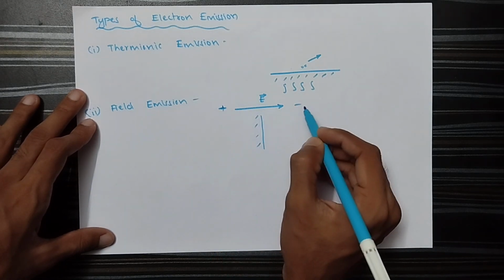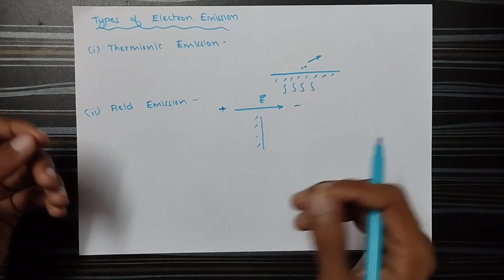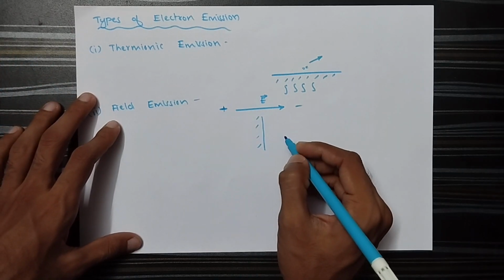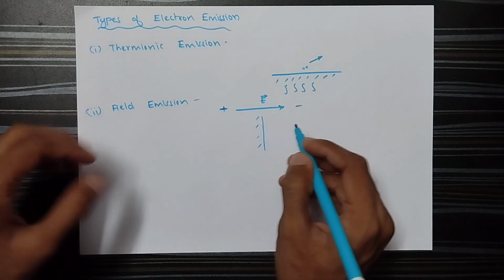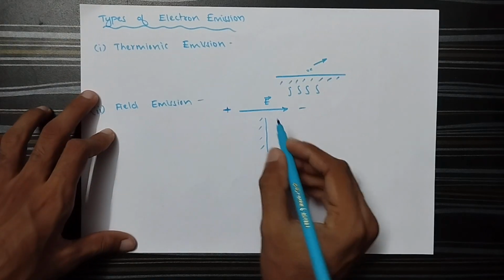By applying a really strong electric field, electrons can be pulled out of the metal surface and emitted into the atmosphere. I'll tell you how this works.